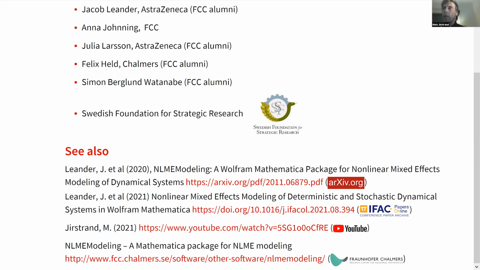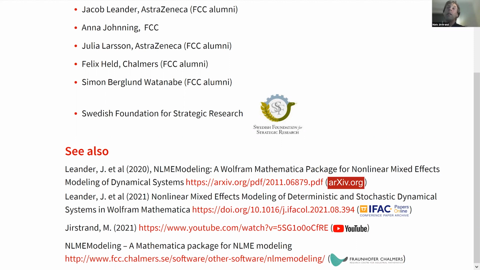Okay, and the next question was also similar. What is the advantage of this package compared to NONMEM? At this point, we showed that computing gradients by solving sensitivity differential equations instead of using finite differences, which was kind of the industry standard before, improves both speed and robustness in parameter estimates.